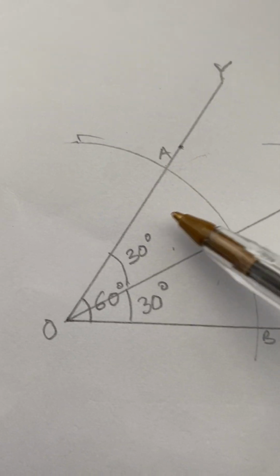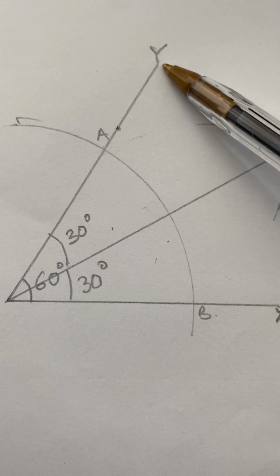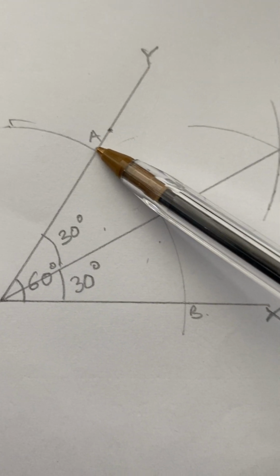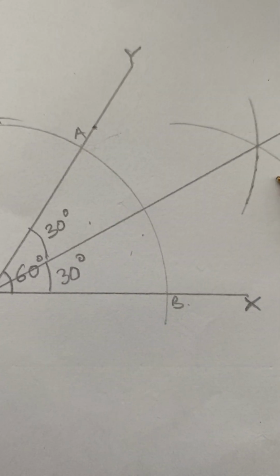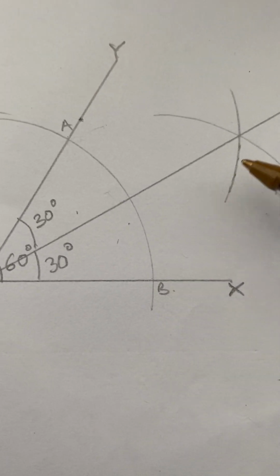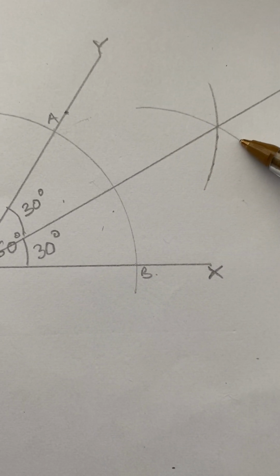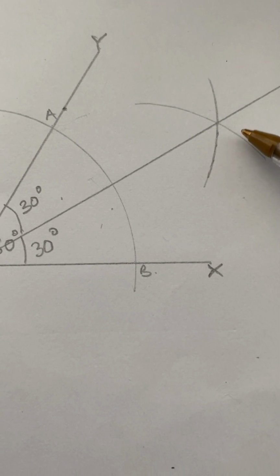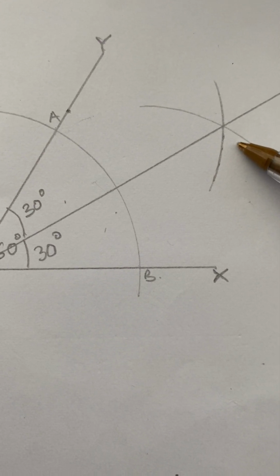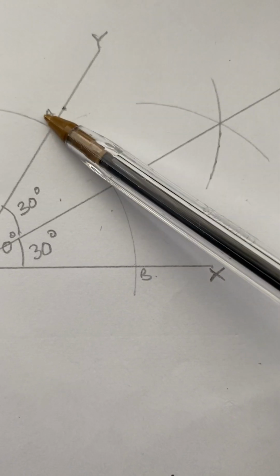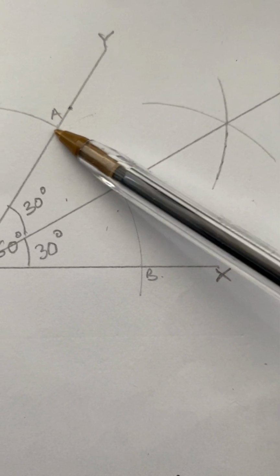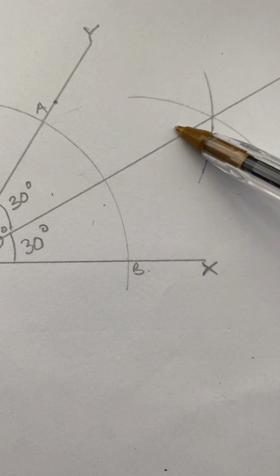So there, it cuts OY. So from A, you draw another arc. From B, another arc. If you change the length on the compass, then you have to use the same length at A and at B together.